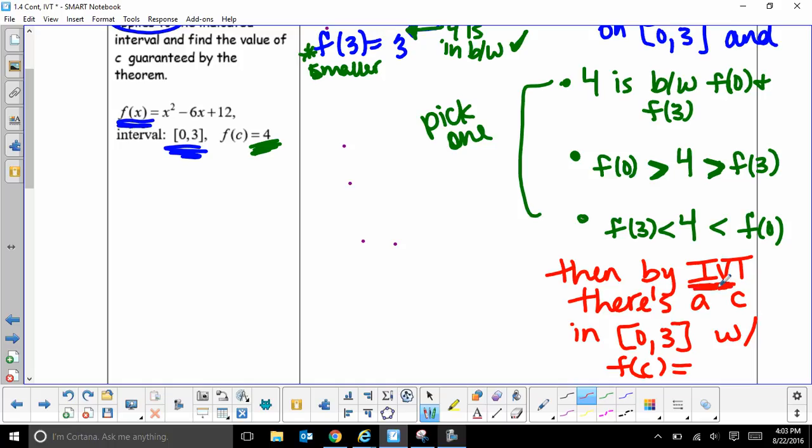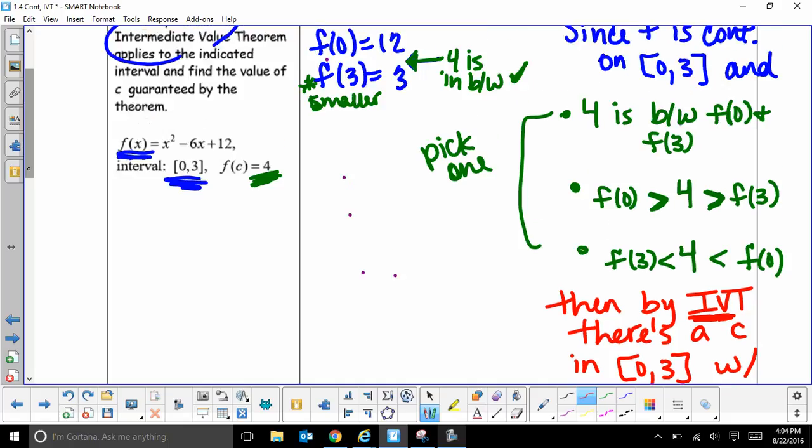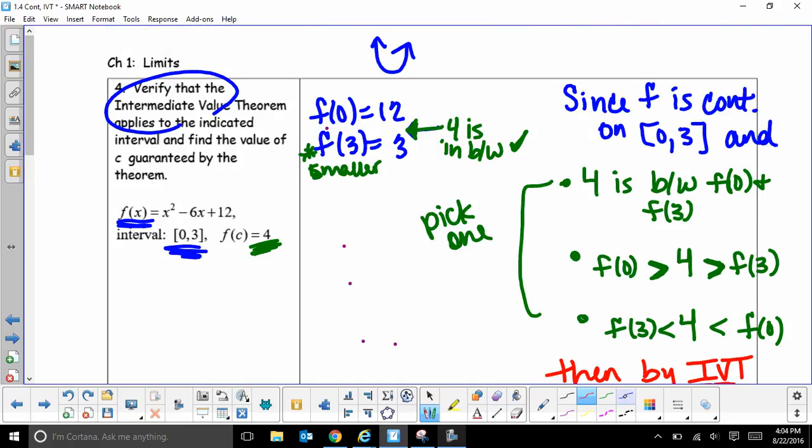Well, what is the in-between value? The in-between value is 4. Intermediate for in-between. I need to be talking about an in-between function value. Well, all of that just verified that the IVT works and went through the proof of how you would write up IVT for AP writing.